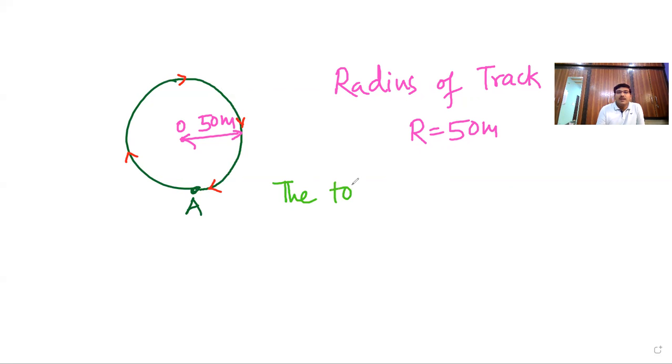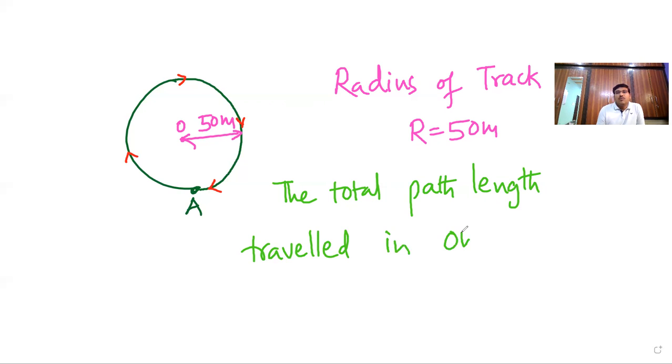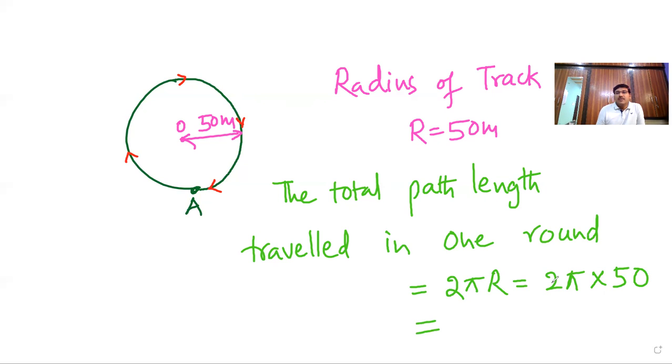The total path length traveled in one round, that means in one revolution, one rotation, is the circumference of the circle, 2 pi r. 2 pi r is how much? 2 into 50, that is 100 pi meters.